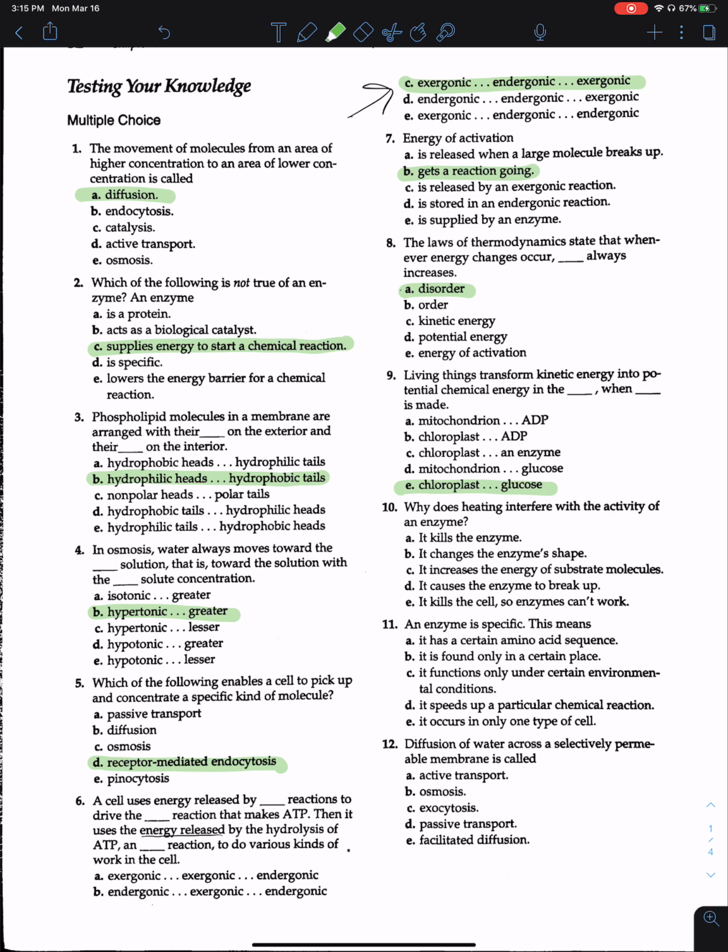When we look at these, A says mitochondria, then ADP. ADP is the version of ATP that is actually not useful. So when ATP is used by a cell, it transforms into what's called ADP, and then it needs additional energy to be useful again. So essentially, it's kind of like recycling, but this is its unuseful form.